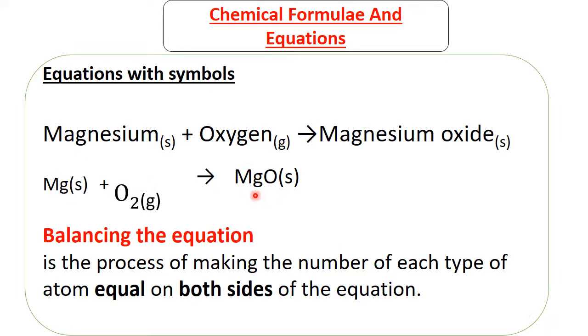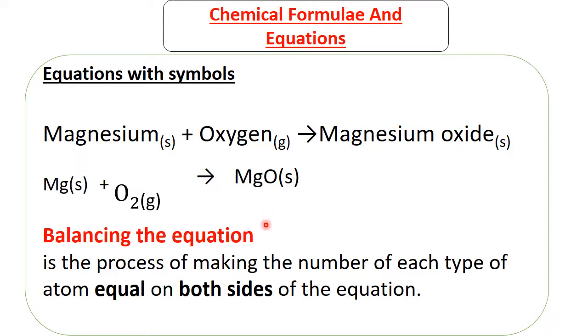So the number of magnesium atoms is balanced. But if you look at the number of oxygen atoms, here we've got 2 oxygen atoms. How do you tell? This 2 shows that there are 2 oxygen atoms. But here we only have 1 oxygen atom. So the number of oxygen atoms is not balanced, because here we have 2, but in the product we have 1. So the question is, where has the other oxygen gone?